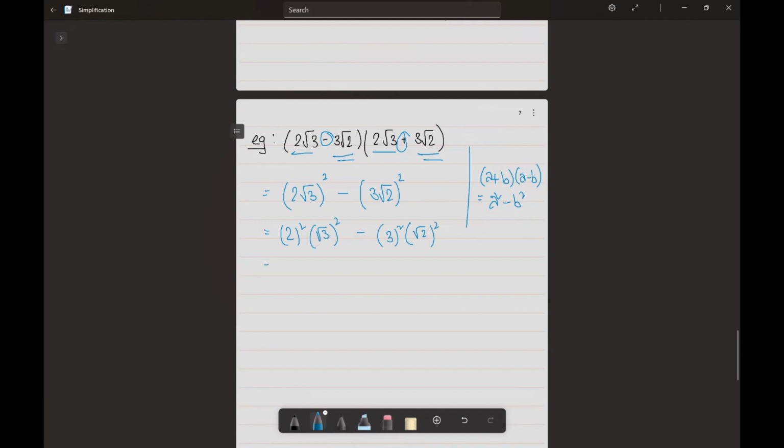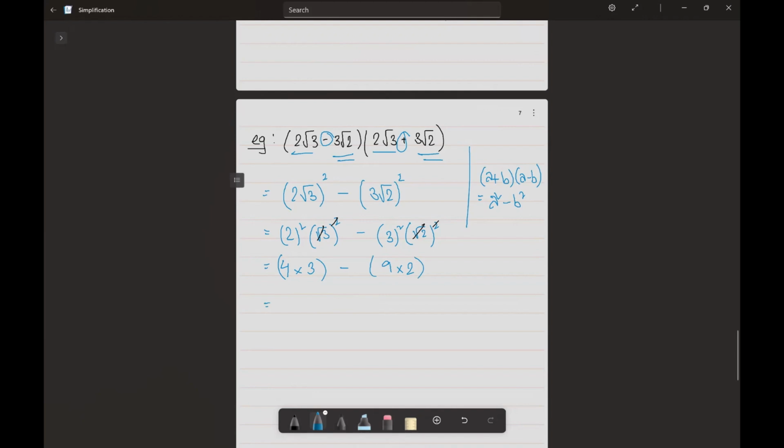So we have 2 square, 4, into, we know that the square and the root get cancelled out, leaving us with 3 alone. So 4 and 3 get multiplied, then minus 3 square gives us 9 into, this square and root again get cancelled out because they are opposite operations, so we write only 2 in here.